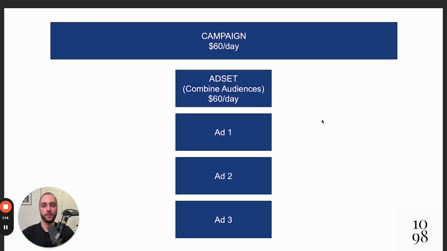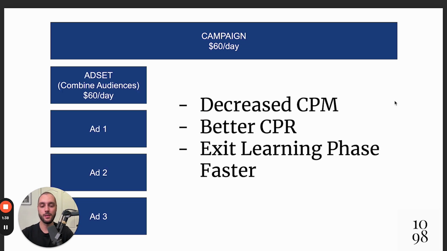Now, what I get from this article and this idea is a few things. One of them is that they really want us to trust that their algorithm is going to find us the results that we're looking for. They want us to go more broad, bigger audience, bigger budget, because they trust that it's going to find the best results for the least amount of money.